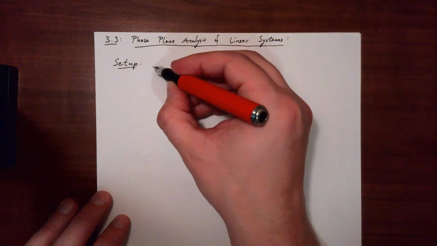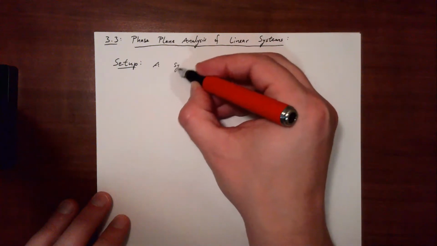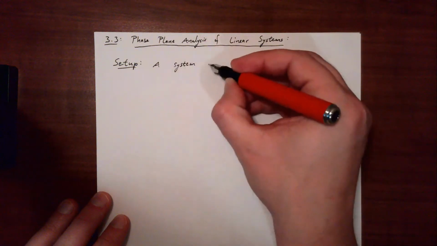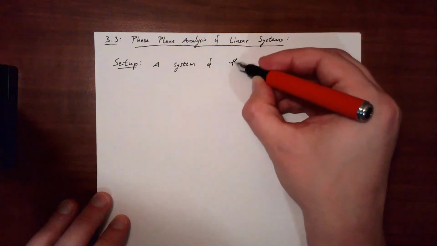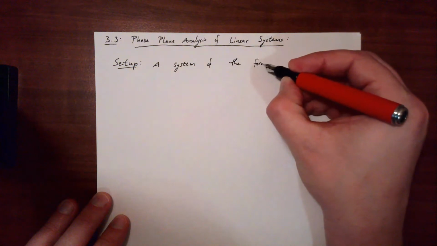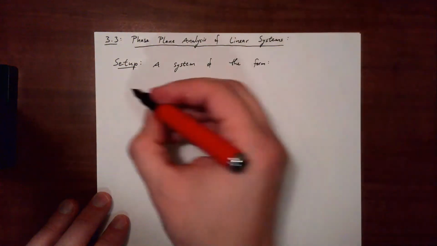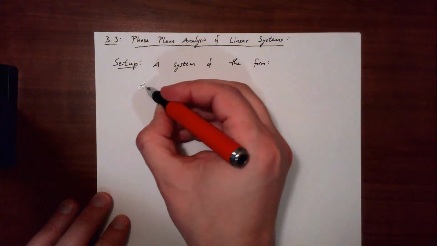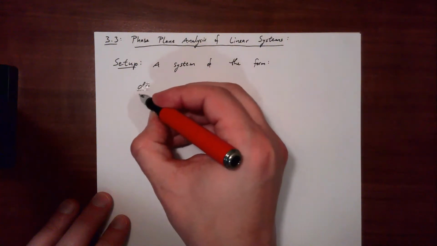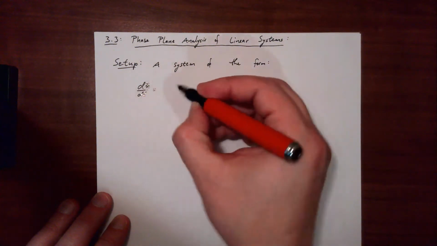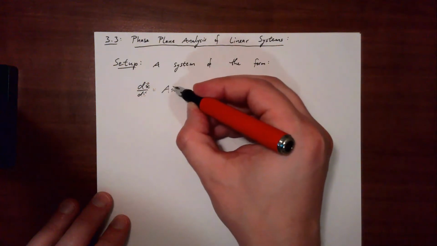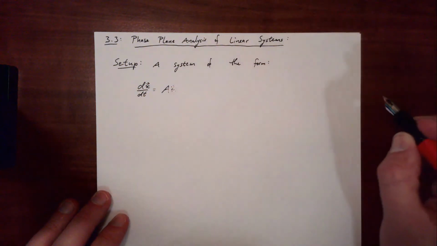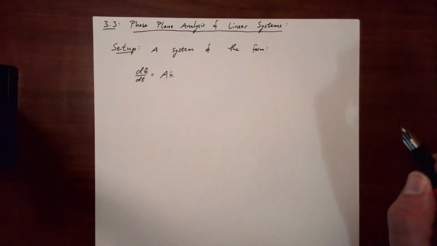So a system of the form dx/dt is equal to Ax, where A is just going to be a 2 by 2 matrix.